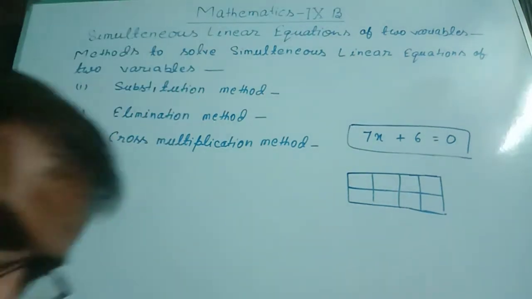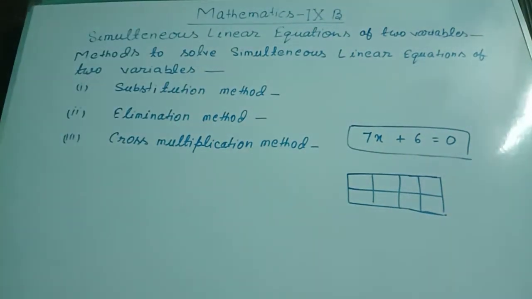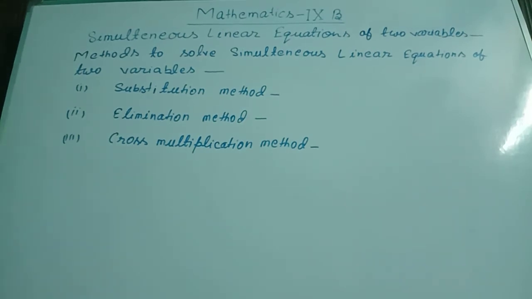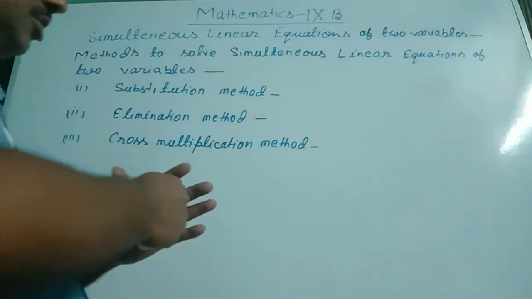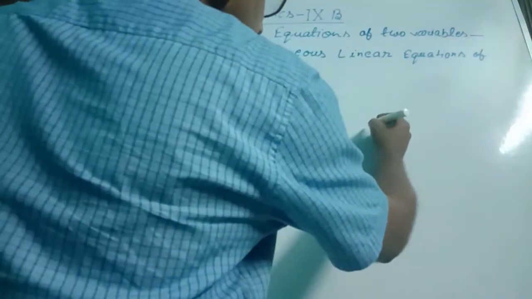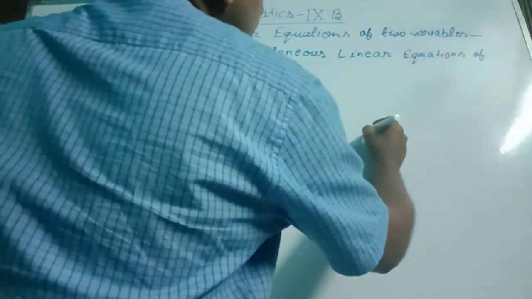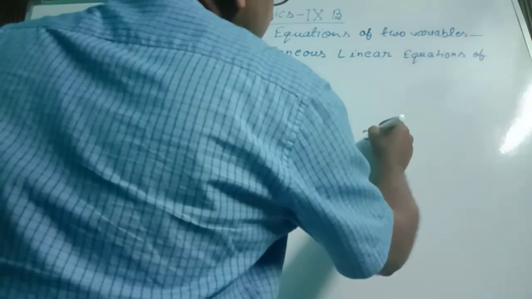Just a minute, I am repeating the explanation. First we see the solution of a linear equation of two variables. Suppose we have 3x plus 2y equal to 0. This is an example of a linear equation of two variables.